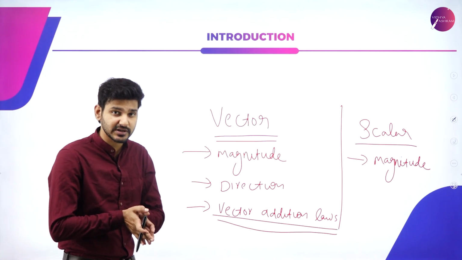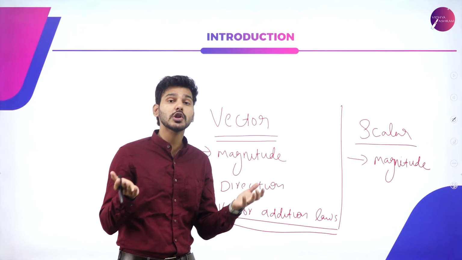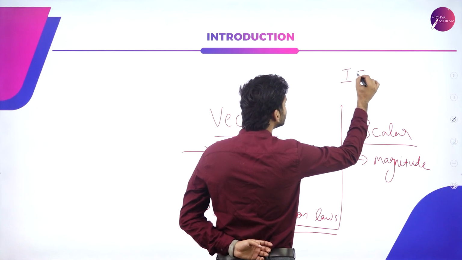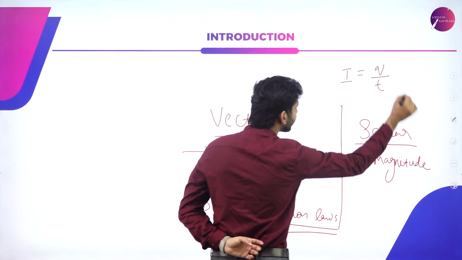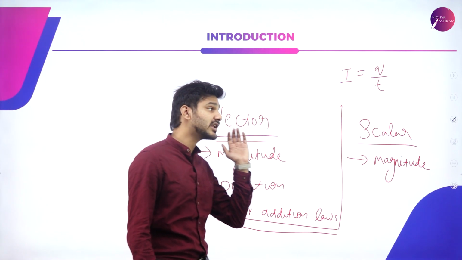Why is this so important? Because if we take the example of, let's say, electric current, we all know that electric current I is equal to Q by T. The flow of charges. If charges are flowing, we have to know that it is flowing in a particular direction.